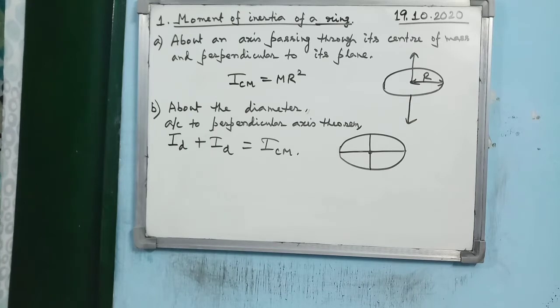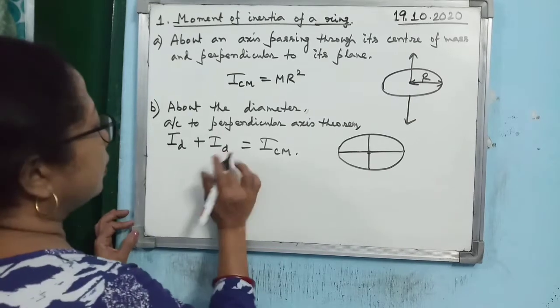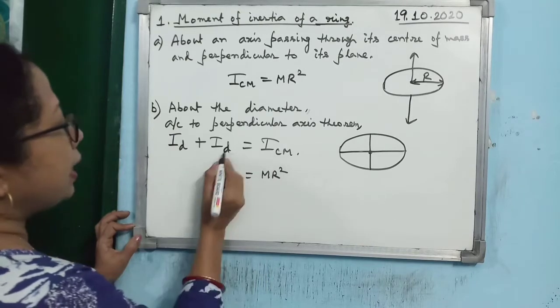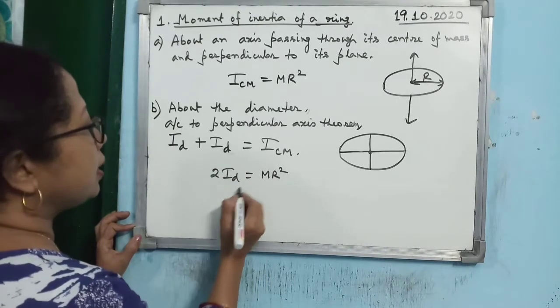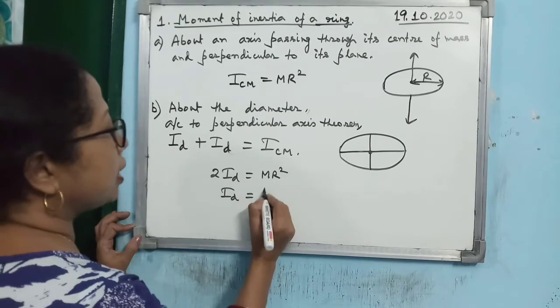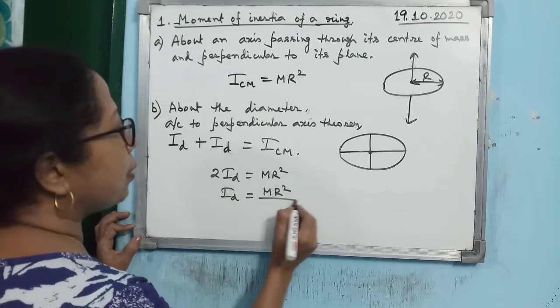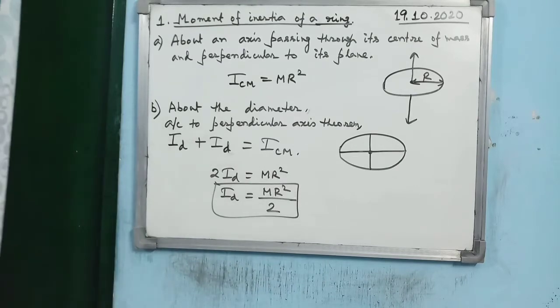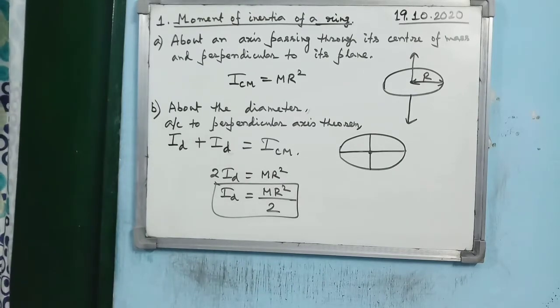ICM is equal to M R square, and here ID plus ID means 2 ID. So what is the moment of inertia of the ring about one of the diameters? According to the perpendicular axis theorem, it is given by M R square divided by 2.